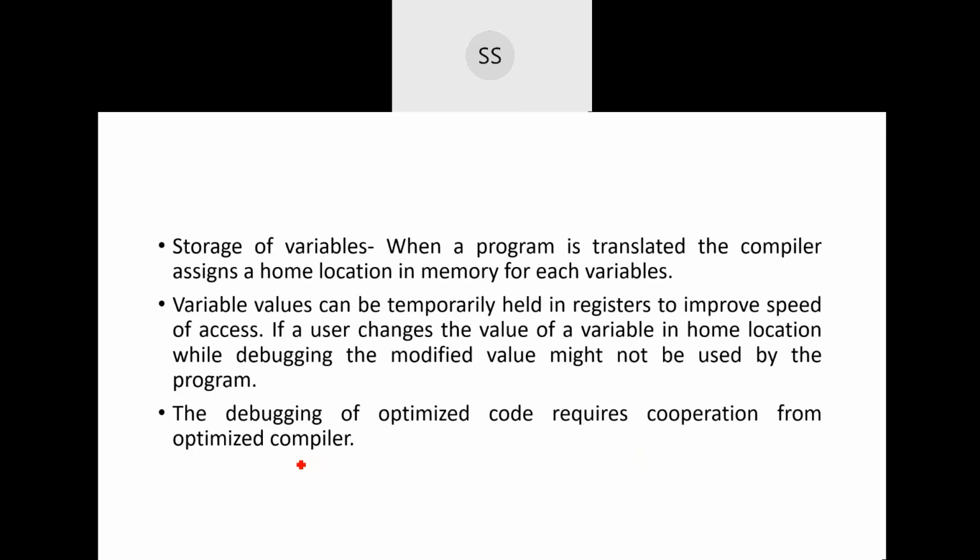Whenever we bring a program into main memory, we allocate memory to different variables. Each variable is allocated a memory location, which is called its home location.